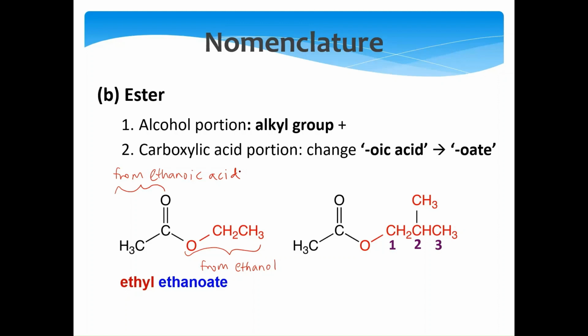So you can convert it to an alkyl group, and it will be 2-methyl propyl. And the black part over here is the carboxylic acid portion. It's from ethanoic acid, so the second part of the name of the ester will be ethanoate. So this is how you go about naming the ester.